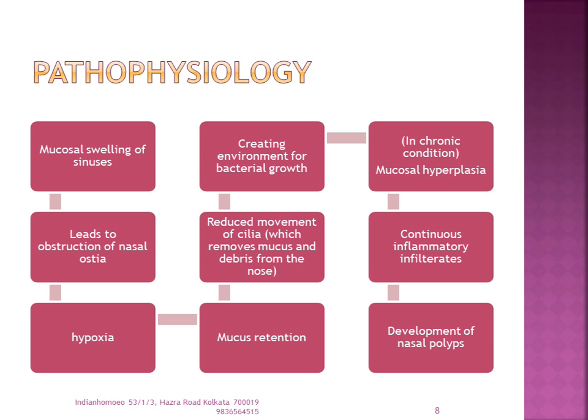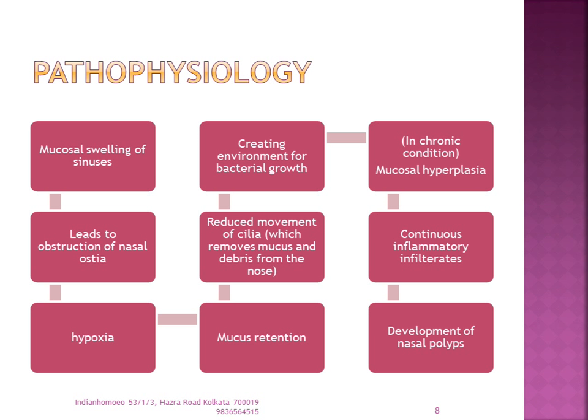Now, what happens when the sinusitis remains for a longer duration or for quite some time? That is when it becomes chronic. In the chronic condition, there occurs mucosal hyperplasia. Mucosal hyperplasia is an increase in the growth of the tissue of the sinus mucosa.